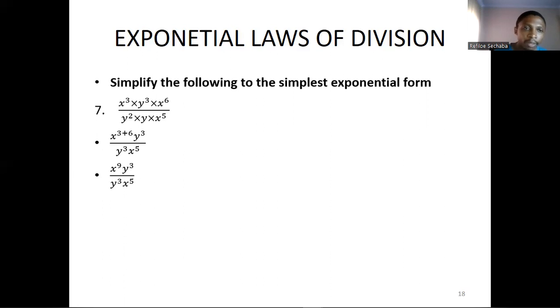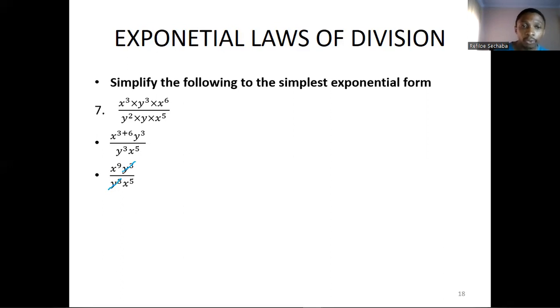Because the numerator is only linked by multiplication and the denominator is only linked by multiplication, I'm allowed to cross out the bases with the same exponent. You can only do this if between your factors there is no plus or minus. I repeat, you can only cross out if between the factors in the numerator there is no plus or minus. So if what you're given is not linked by addition or subtraction, you can cross out.